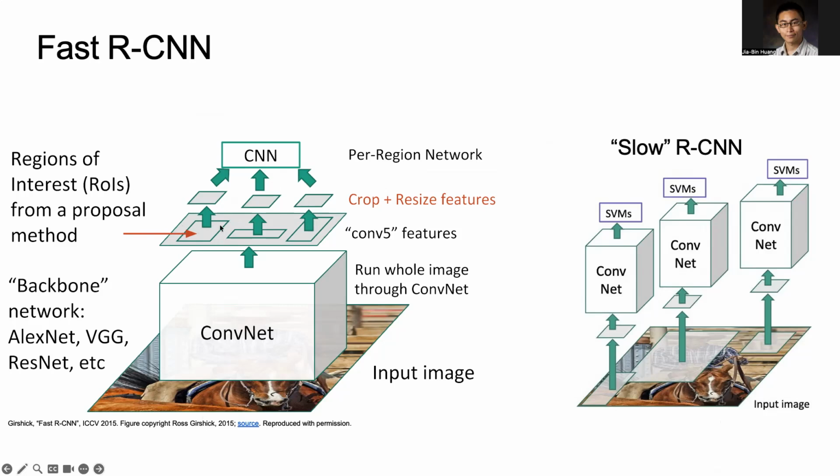And then you only need to do the cropping and the classification for each region. But now the dilemma is that these bounding boxes are coming from other off-the-shelf methods. Those methods are not easily accelerated. So if you were the researchers at that time, how would you address this?